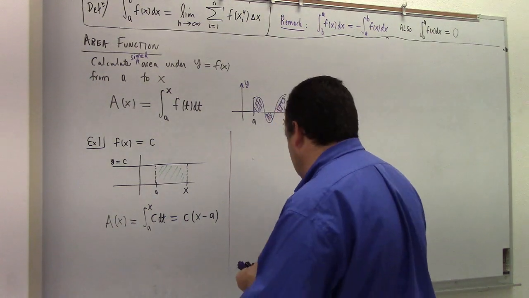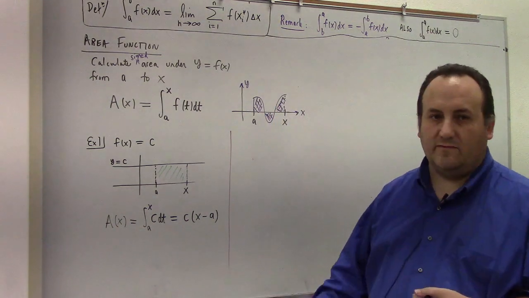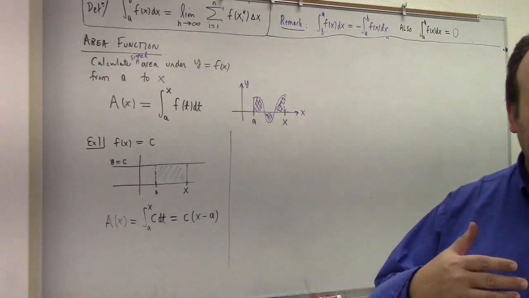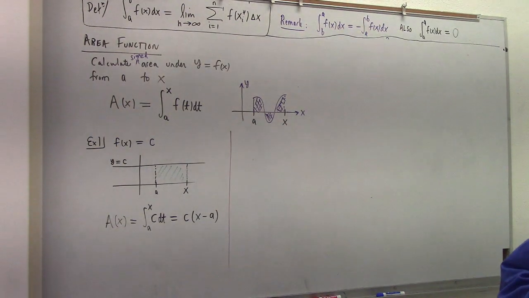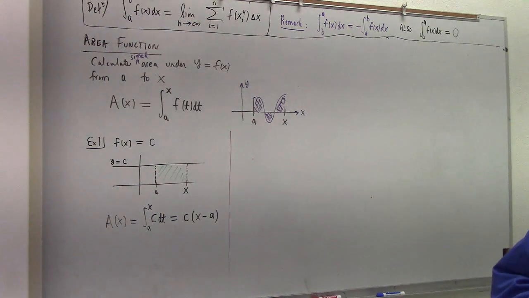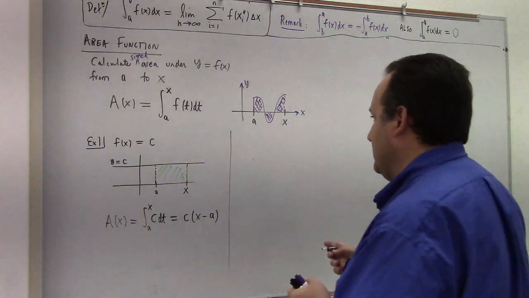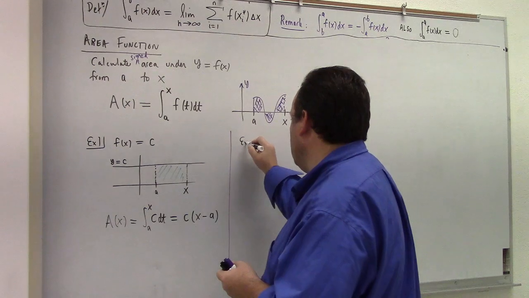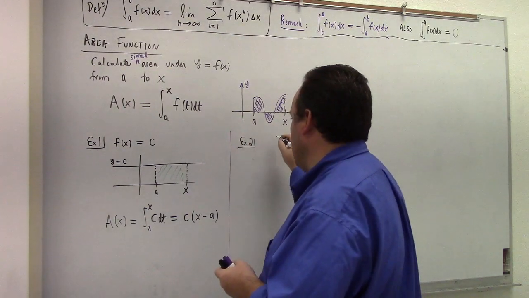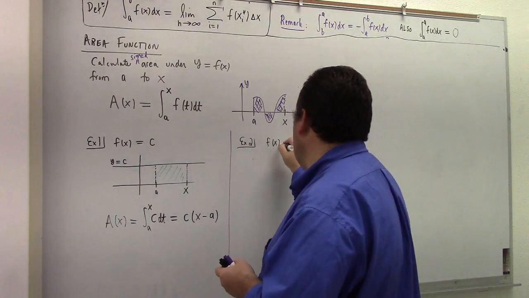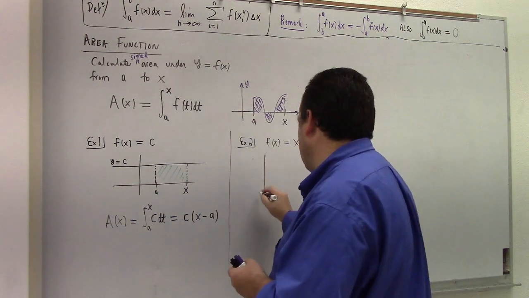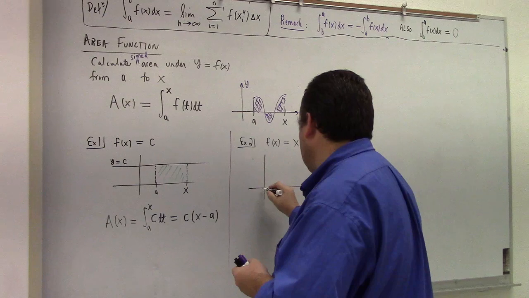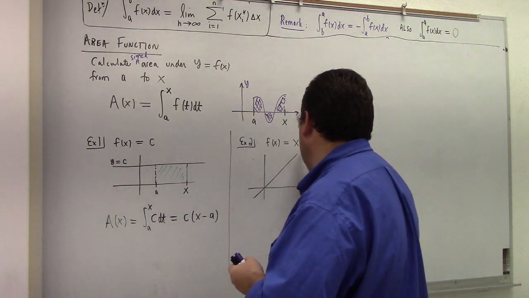Now, there's not many things we can calculate the area of easily, but another thing we can calculate is the area under a line. So for example 2, I'll keep it relatively simple and look at f of x equal to x. That way we can look at the graph. So that's this guy.